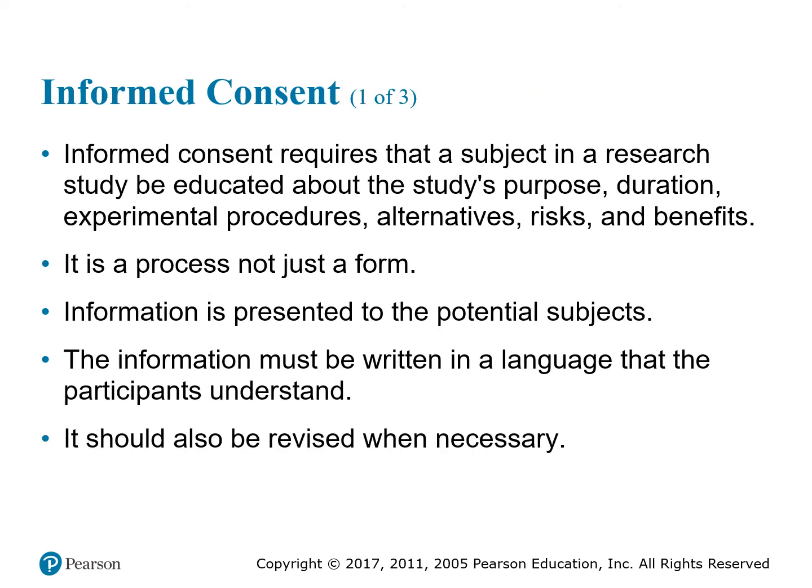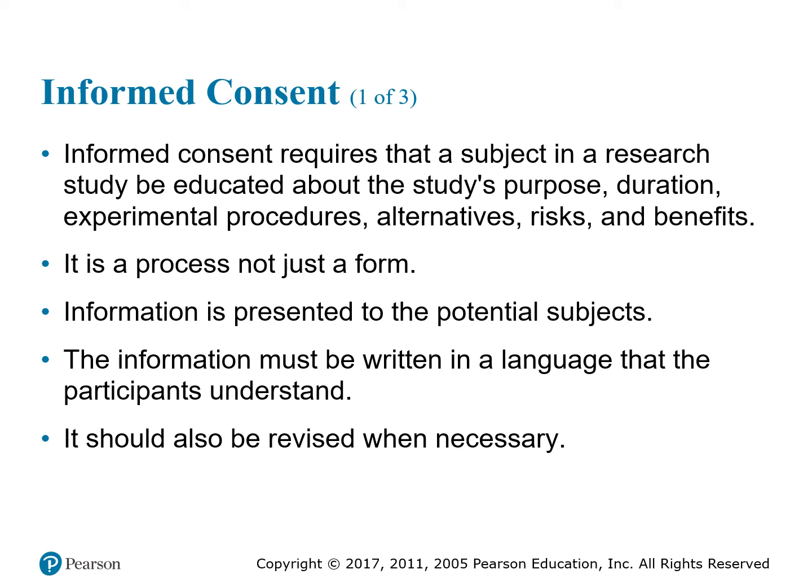So then, of course, when we talk about their participation being voluntary, that leads us to informed consent. And informed consent is what we have to get from our participants in order to be able to collect data from them, right? In order to let them participate. So informed consent requires that a subject in a research study be educated about the study's purpose, duration, experimental procedures, alternatives, risks, and benefits.